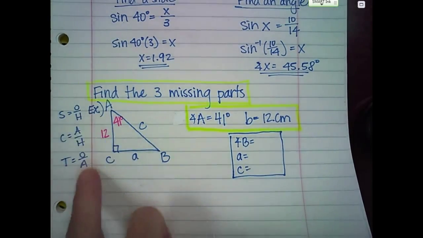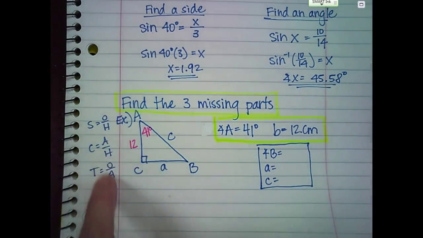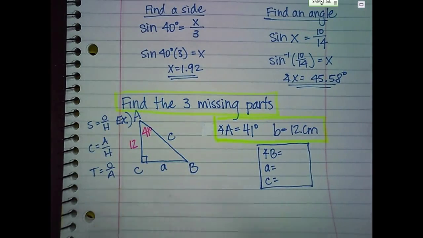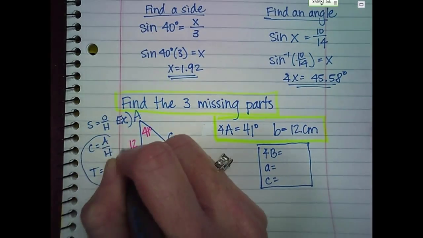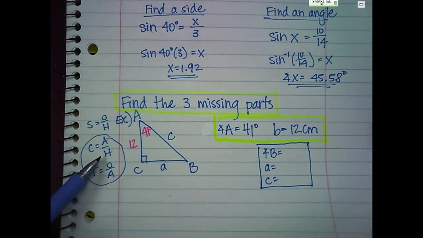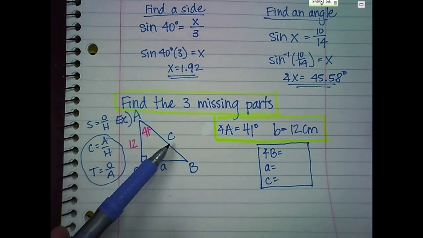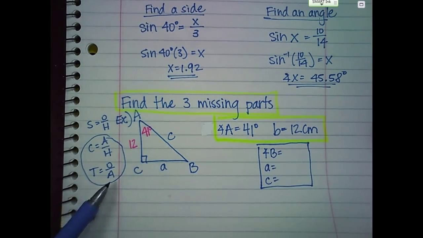Which of these uses adjacent? These 2, right? Here, it's going to find the hypotenuse for me, which is side C. And here, using the adjacent is going to help me find the opposite, which is side A. Isn't that cool? So now I'm just going to use those 2 and find them.